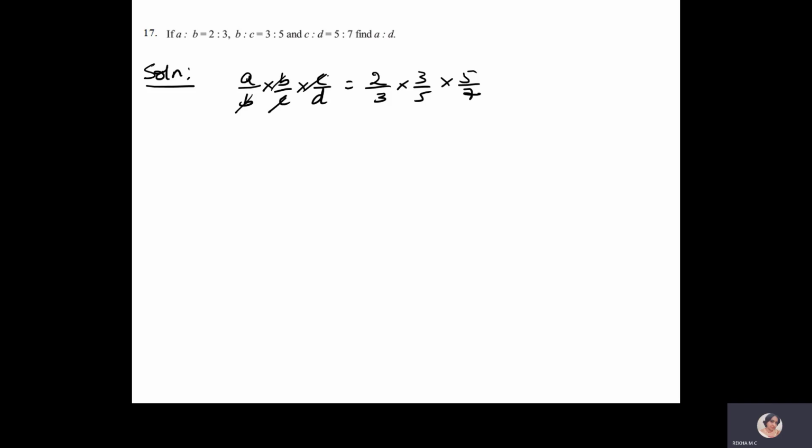So B cancels, C cancels, here 3 cancels, 5 and 5 get cancelled. So I'll get A by D is equal to 2 by 7, or A is to D is equal to 2 is to 7.